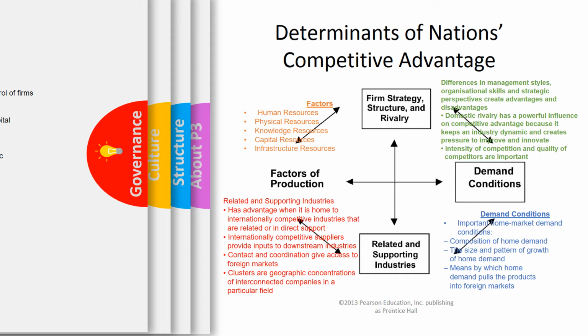Because now, they don't just have excellent engineering, but they also have excellent IT, and that raises the bar of entry for competitors even higher. It makes it even harder for them to enter the market. And finally, firm strategy, structure, and rivalry. Now, an intense intercompany rivalry between firms such as Mercedes, BMW, and Volkswagen feeds rapid innovation as each firm competes for the attention of customers.